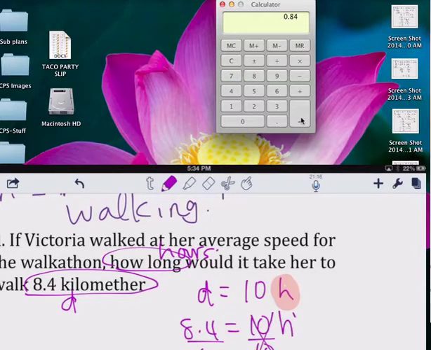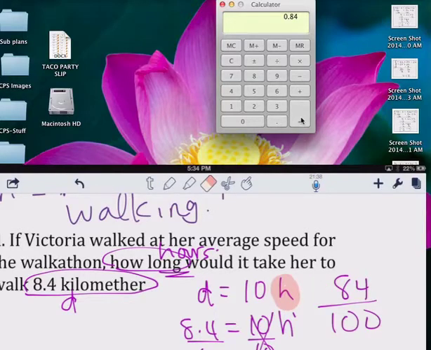It's 0.84. Oh no, H stands for hours. We're not finding miles, we're finding how long. It took her 0.84 hours. So with 0.84 hours, we want to find how long it is in minutes.